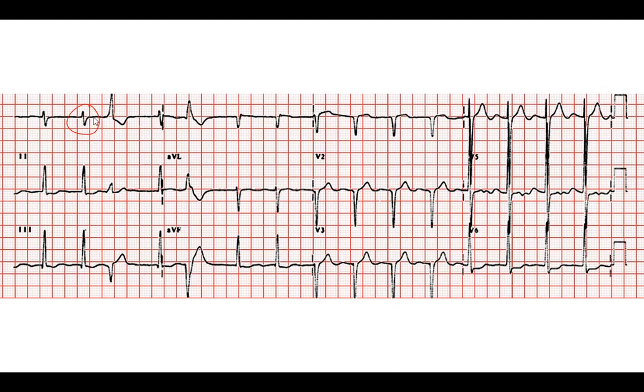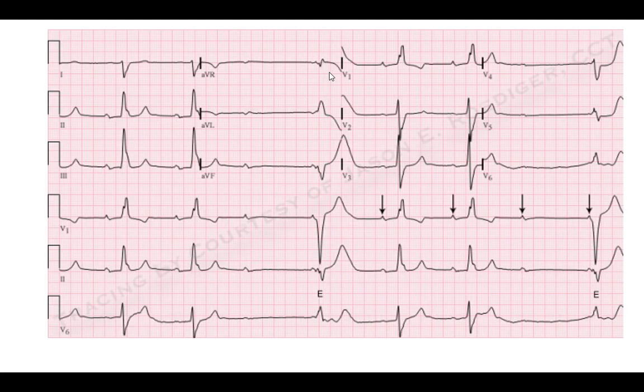So it is also a case of right axis deviation. Again, see this example: lead 1 is down and lead AVF is slightly up, so it is also a case of right axis deviation.